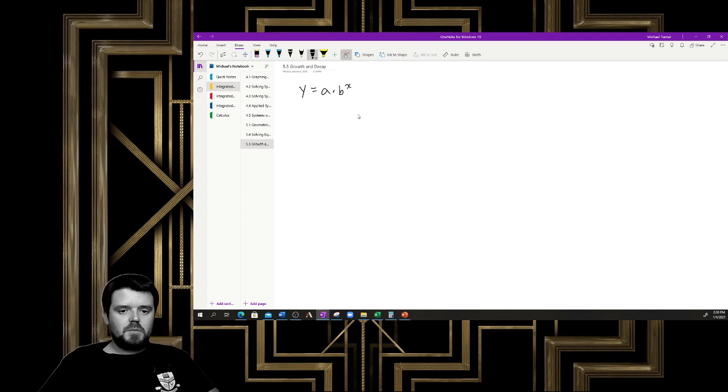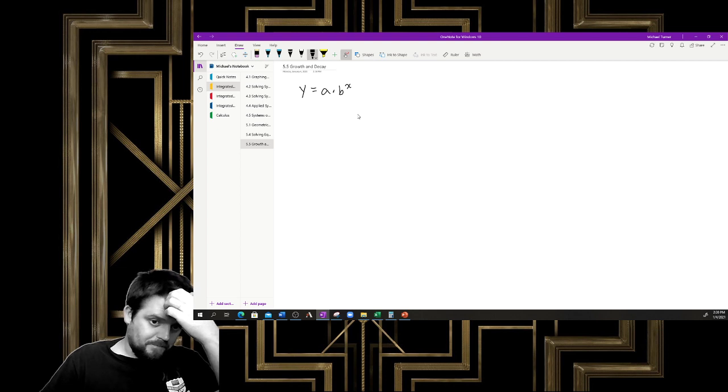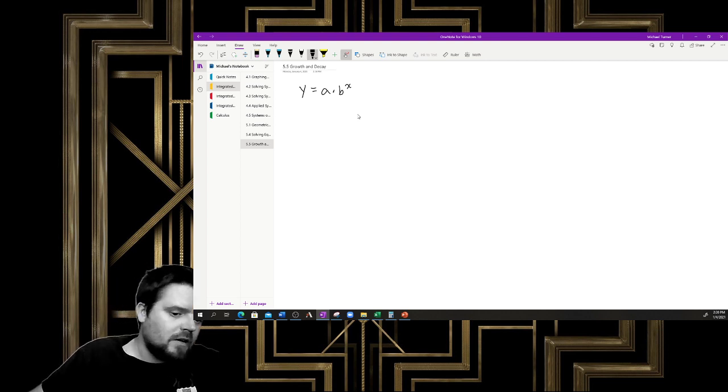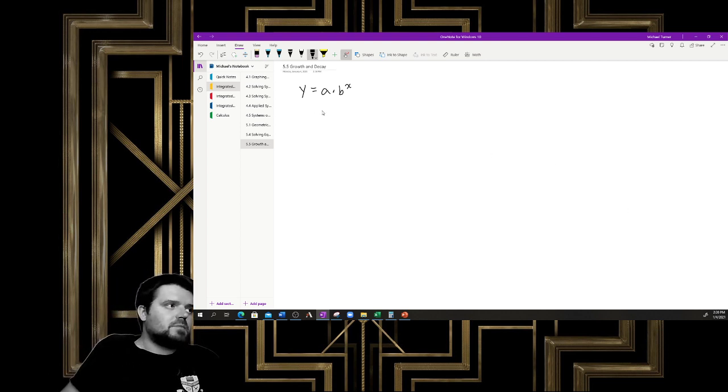Now, we also talked about this a little bit in earlier sections of Unit 5, where we said, okay, if you remember linear functions, which we spent a lot of time on this semester, you have y equals mx plus b, where m is your rate of change and b is your initial value. When you're doing word problems involving exponential functions, you'll find kind of a similar pattern. Now, they're not the exact same terms, but really you can think of a as being your initial value.